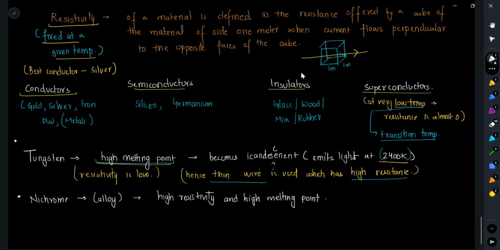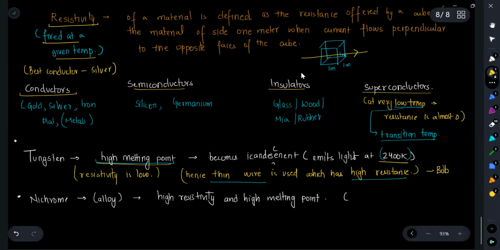Also it does not react with air when it is red hot. So ये heating devices में use होता है. Nichrome is used in heating device.